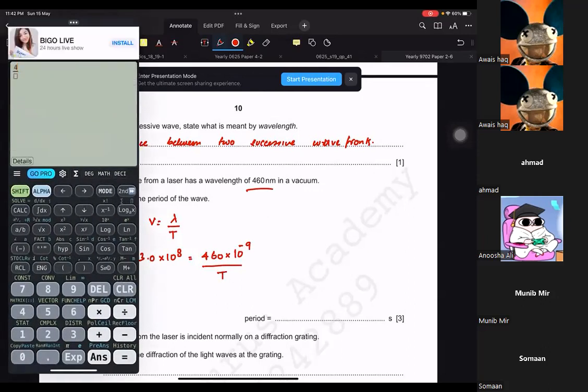So 460 divided by this would be equal to 1.5 times 10 raised to power -15 seconds. I think, I don't know. This calculator really sucks.